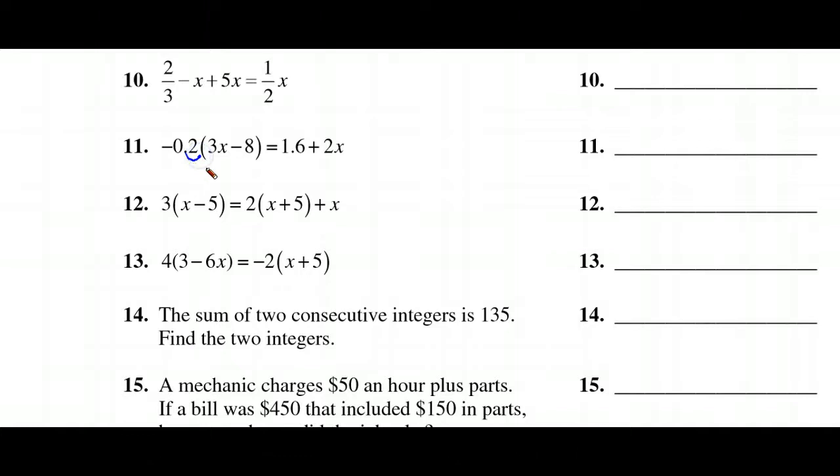So we'll multiply that by 10, multiply that by 10, just move the decimal place over. And this we have to put an extra point in there, multiply that by 10. So this is now a negative 2 times 3x minus 8.